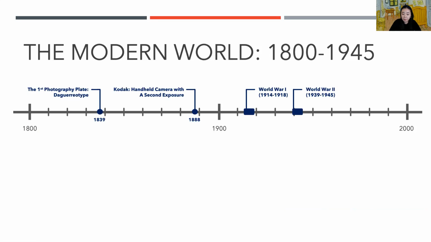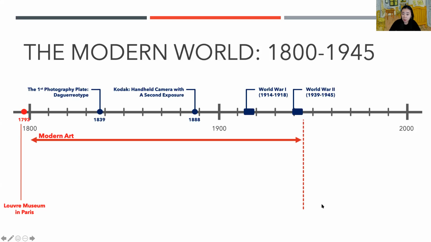So let's see the modern timeline. Many scholars agree that modern art started from the Louvre Museum here in 1793, and it ended after World War II.